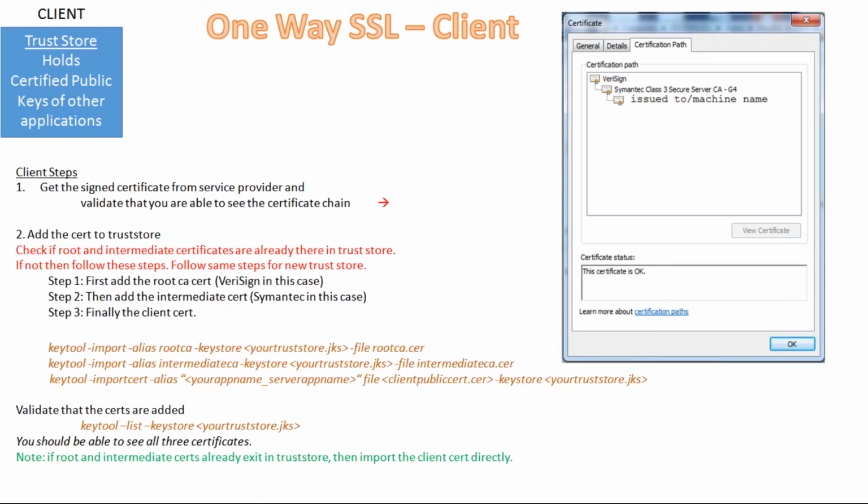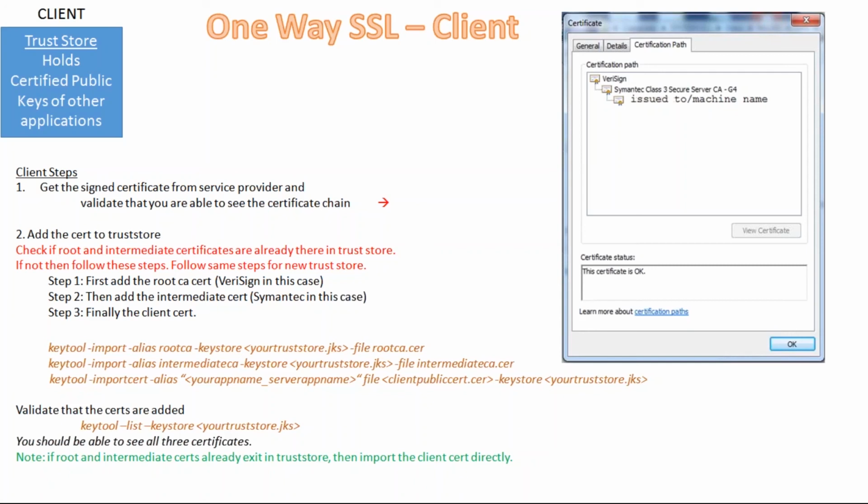As a client, once you receive the public key or the public certificate from your server application, most probably it will be a .cer file. You double click that .cer file and you should be able to see the certificate. If you go to the third tab, which is certification path, you will see a chain of certificates.